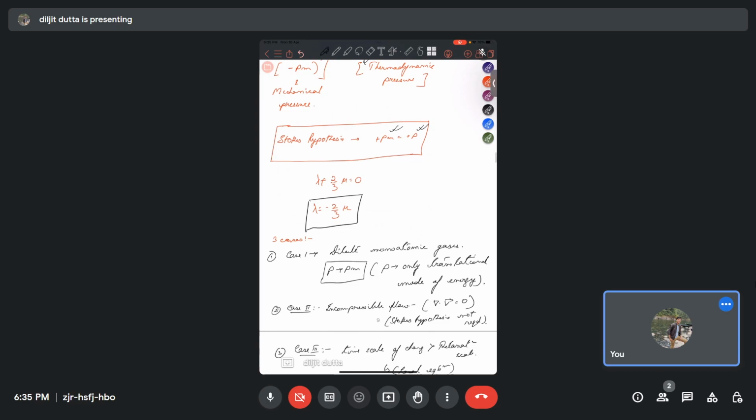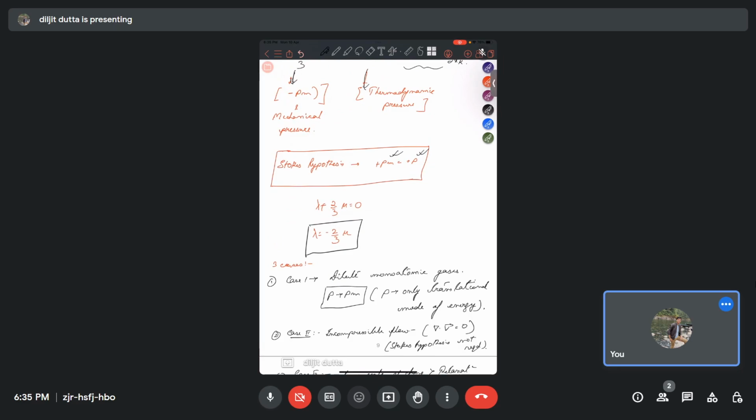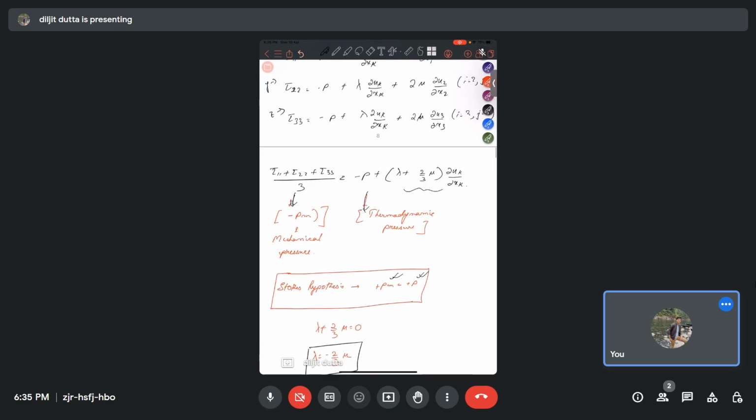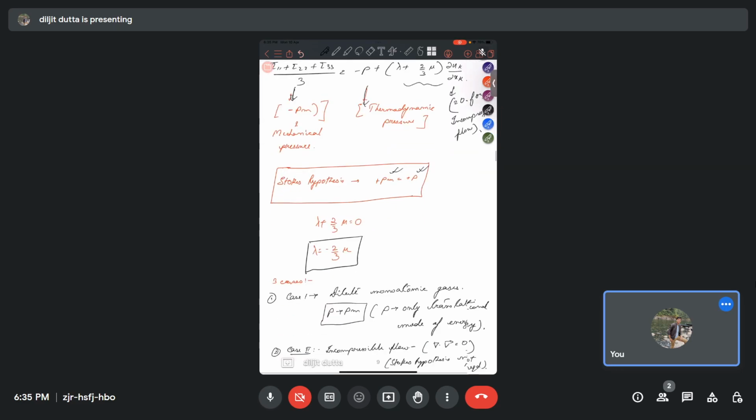Then secondly, if we take incompressible flow, del dot v is equal to 0. So this term is equal to 0 for incompressible flow. In that case, we need not consider the Stokesian hypothesis. So in that case, the mechanical pressure will be equal to the thermodynamic pressure naturally.